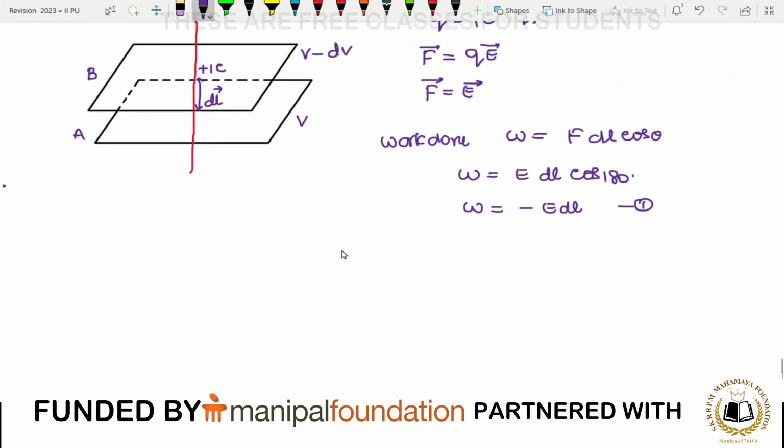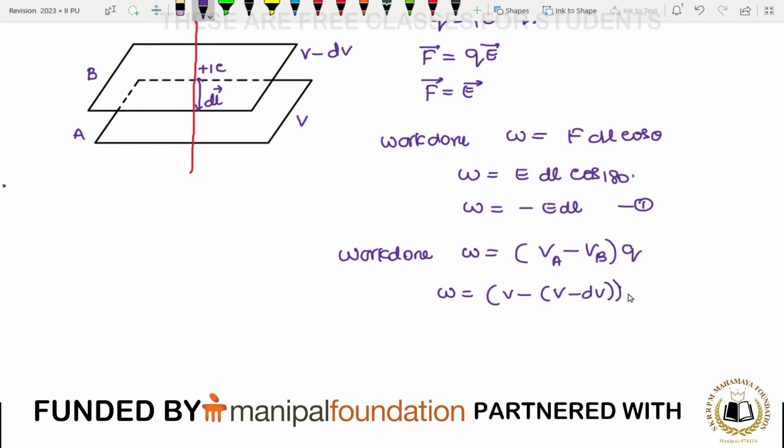Next one. Work done is also equal to what here? Work done W is equal to final potential A minus initial potential B multiplied by charge. So W equals final potential, what is that? V, minus initial potential, what is that? V minus dV, into charge, how much are you going to move? 1 coulomb.